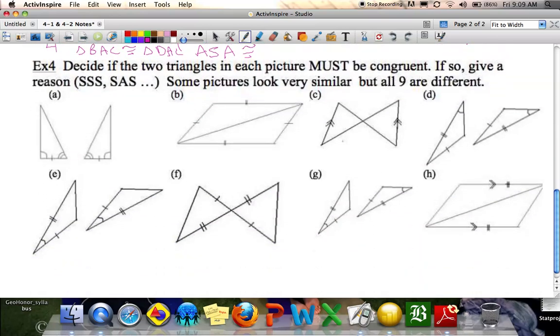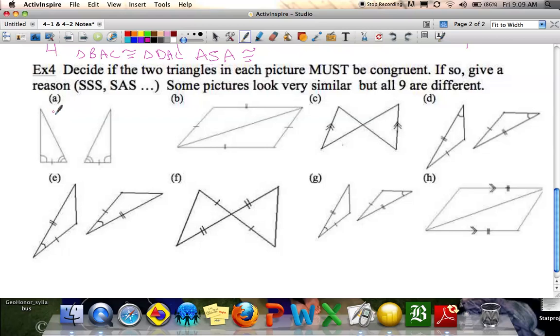So example 4 asks us to examine these pairs of triangles and decide if they are congruent by SSS, SAS, or ASA. If I look at the top one, you can see it would be yes, they're congruent by angle side angle.